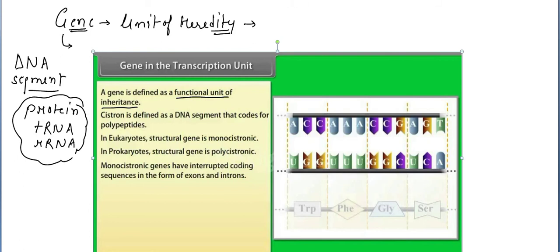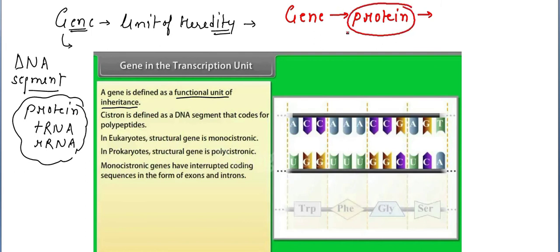But if we talk about how the gene controls the characters, we know genes code for protein, and that is how the controlling of the character takes place. So the DNA segments which code for the protein are called cistron, right? In general, the coding DNA segment is called a gene.